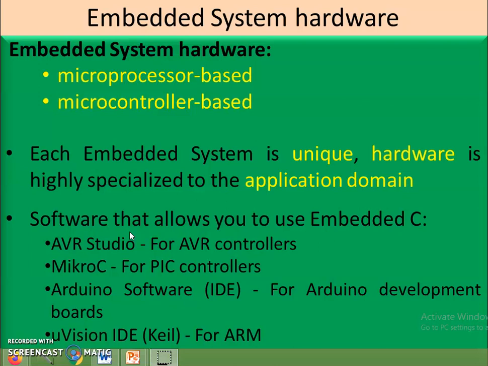Hardware is highly specialized to the application domain. There is quite a lot of software that allows you to use Embedded C: AVR Studio for AVR controllers, Micro C for PIC controllers, Arduino software for Arduino development boards, and Keil IDE for ARM.